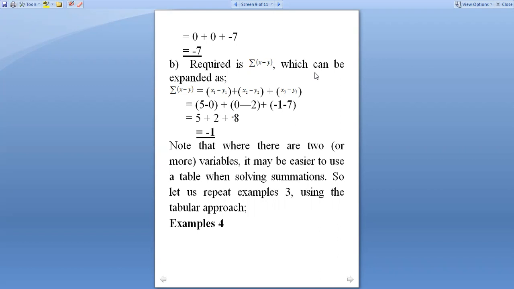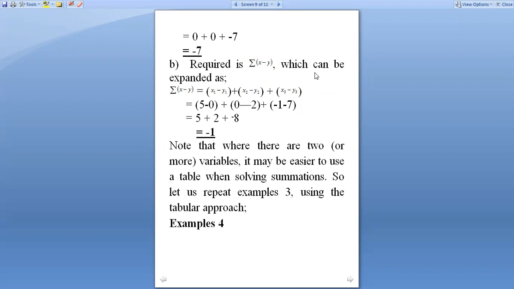In question B, they told you to sum up the differences of the corresponding observations, meaning that you take the differences of the corresponding observations, which means subtract: x1 minus y1, then plus x2 minus y2, plus x3 minus y3.